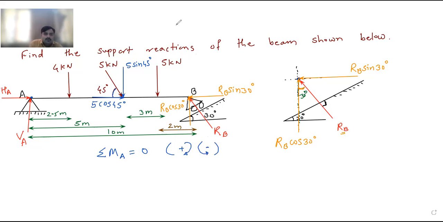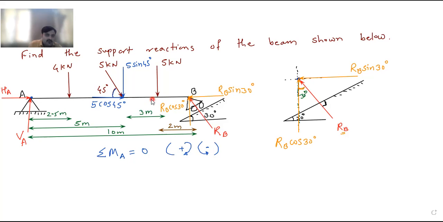Now here, I'm taking the moment at this point A. So HA is passing through point A, so its moment is 0. VA is also passing through point A, so its moment is also 0. Now here you can see RB sin 30. If you extend the line of action of this RB sin 30, it will also pass through this point A.